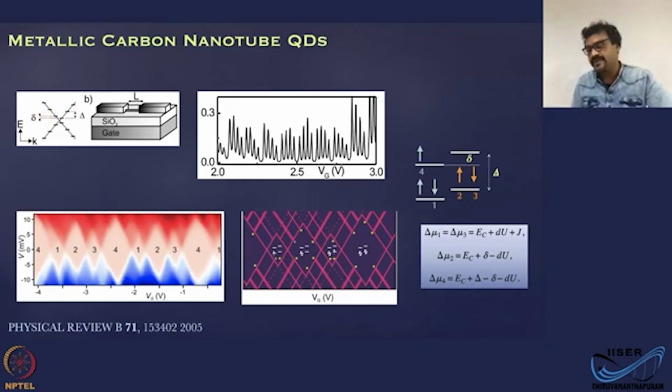And you also have two more parameters to consider. One is the exchange J, and the other term is the excess Coulombic energy dU. Details are provided in this paper. But what I want to highlight or invite your attention to is the fourfold filling sequence. If you take a Coulomb blockade oscillation, you can see that there are 4 peaks together, then there is a large gap, then again 4 peaks, large gap, like that.